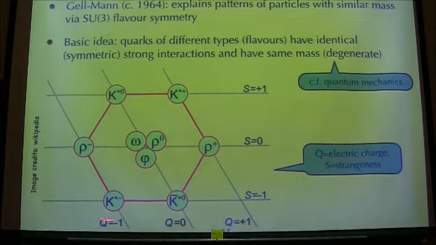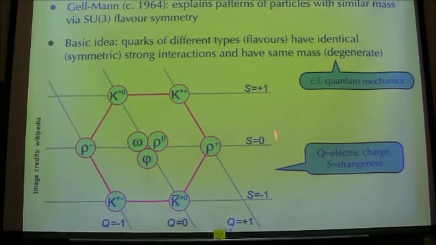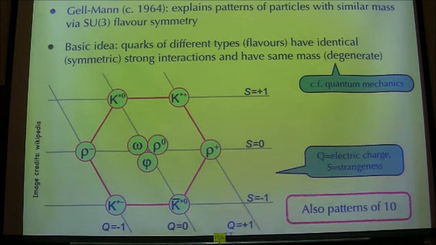These are representations of SU(3), where the quantum numbers of strangeness and electric charge categorize the representation. And more or less, to a pretty good approximation, these have the same mass, or any differences between them can be accounted for in a very simple way. And there are also patterns of 10, as well as these patterns of 8.